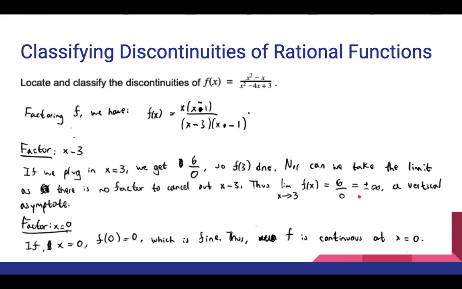So we have a vertical asymptote in this particular case at x equals 3. And then lastly, if we look at x equals 0, f of 0 will just equal 0, which isn't interesting, but it's fine. So f is continuous at x equals 0. And these summarize our conditions for continuity and classifying discontinuities.